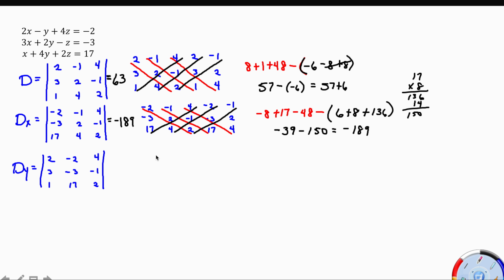All right, so I'm going to come over here and write the values just as they are. But then we're going to add those first two columns again.